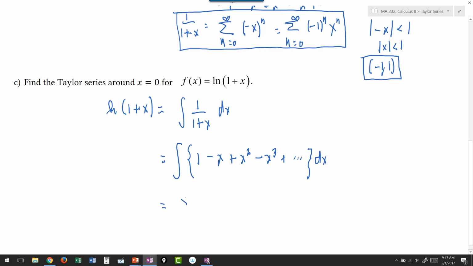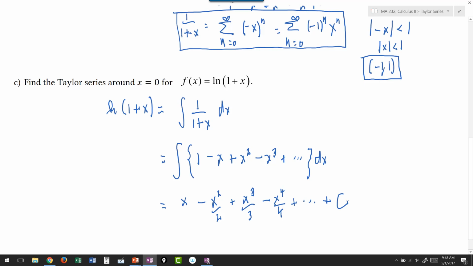That's going to give me x minus x squared over 2 as I integrate each term, x cubed over 3 minus x to the 4th over 4, and so on. Now for an indefinite integral, I still have a plus c to think about.